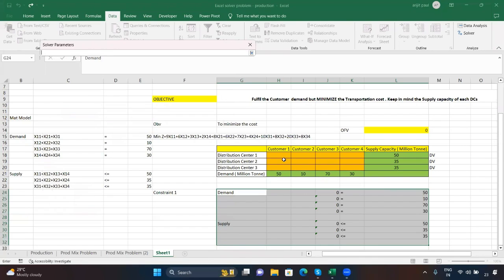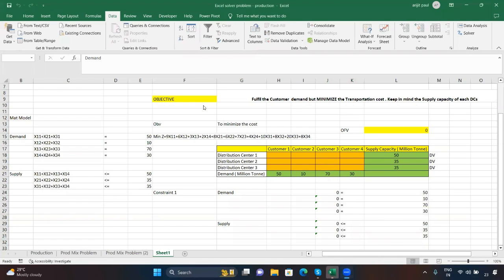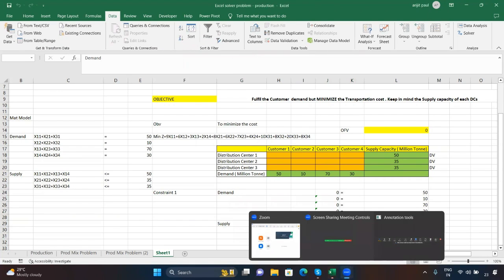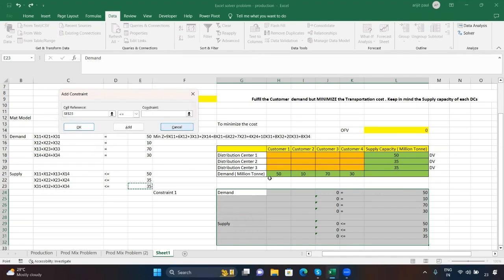So what are our decision variables? These are our decision variables because we need to find out what are the quantities that we can transport from all these DCs to these individual customers. So I am selecting from here to here. That will be our decision variables. Now what are the constraints? So these are our constraints.